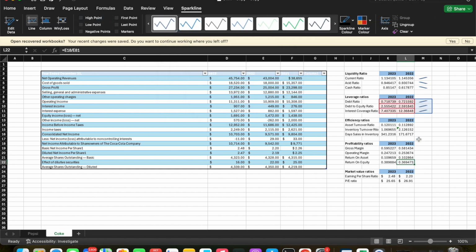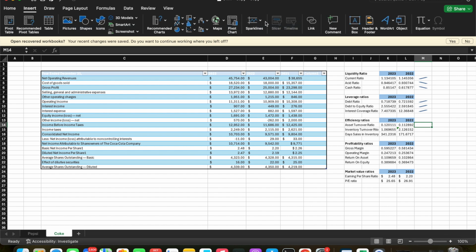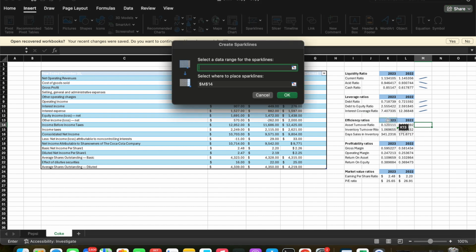Yeah, here we go. So we found the leverage ratios. So it's showing us the trend, which way it is going. So now we'll follow the same methodology for the efficiency ratio, both profitability ratio and the market value.